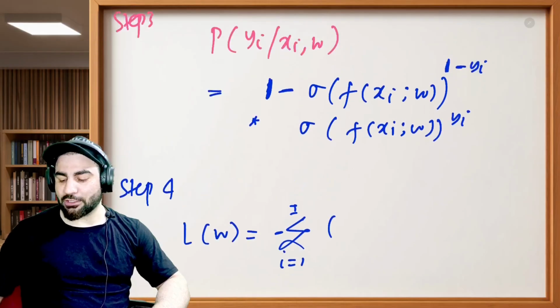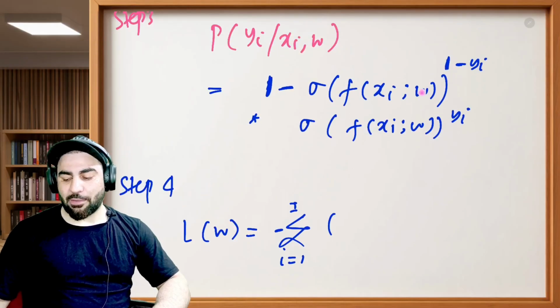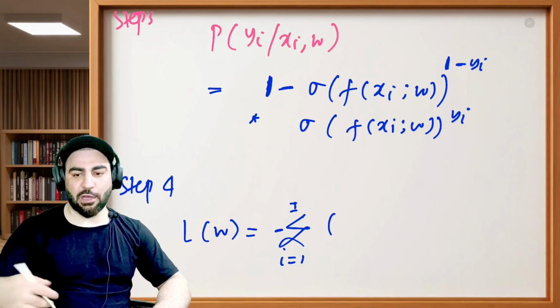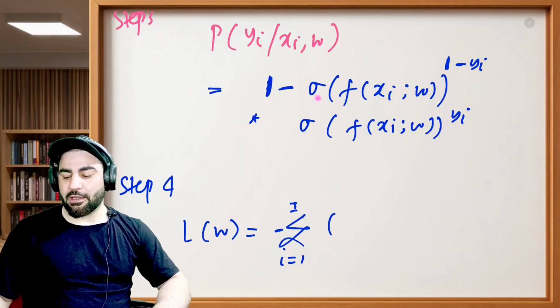Basically, when I apply log on this function, this 1 minus yi will come down over here, and again you apply log on this, yi will go down.